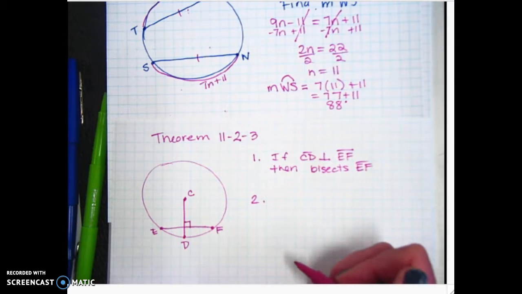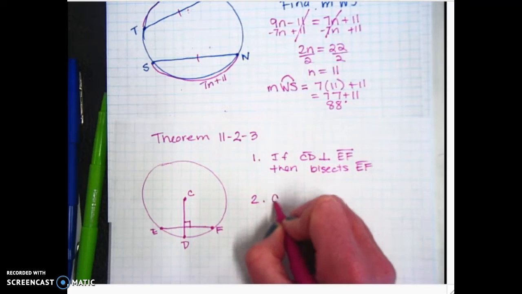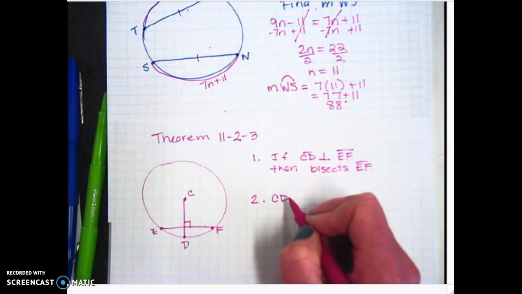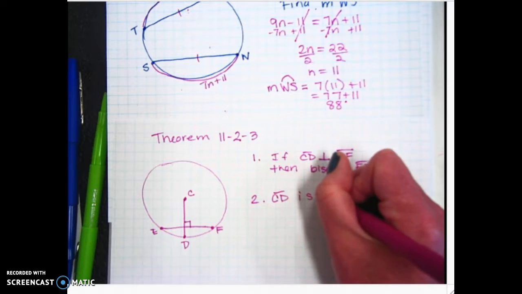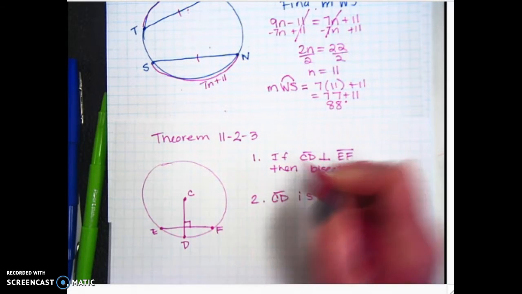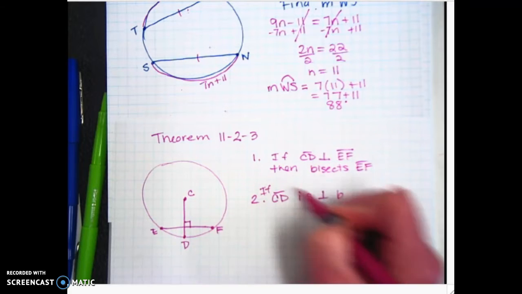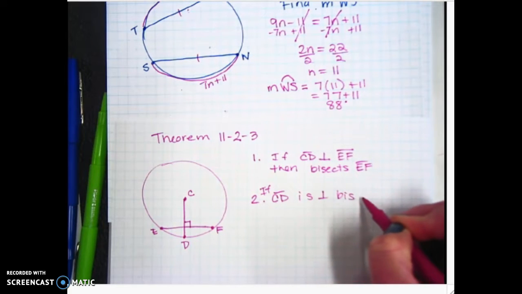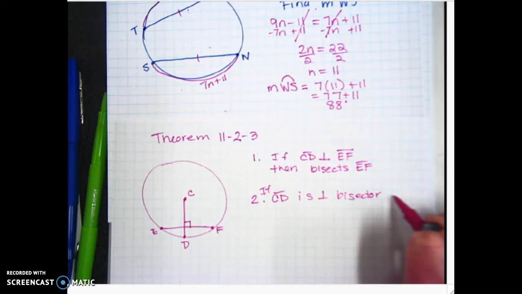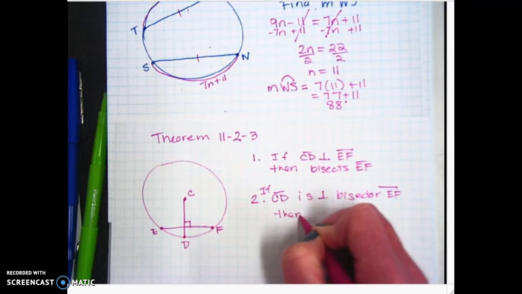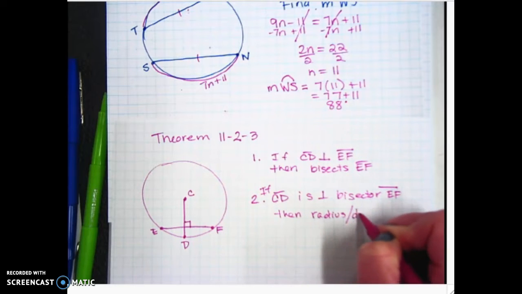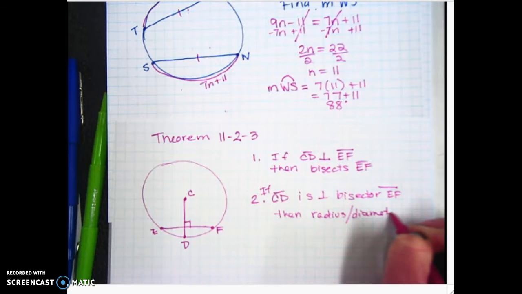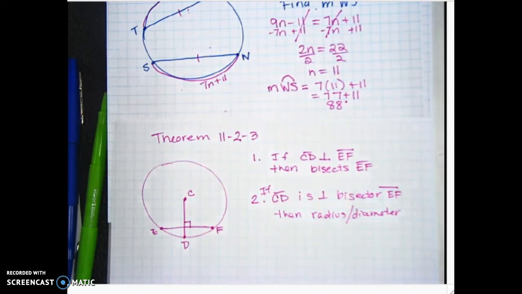The converse of it, or the second part of it, says that if CD is the perpendicular bisector of EF, then it is a radius, or if you draw it all the way through, ends up being a diameter. Either one, radius or diameter. Okay?